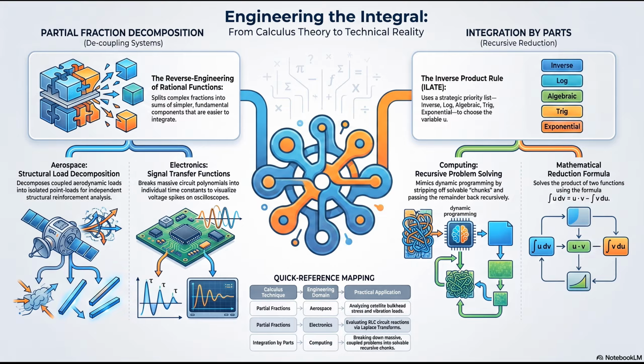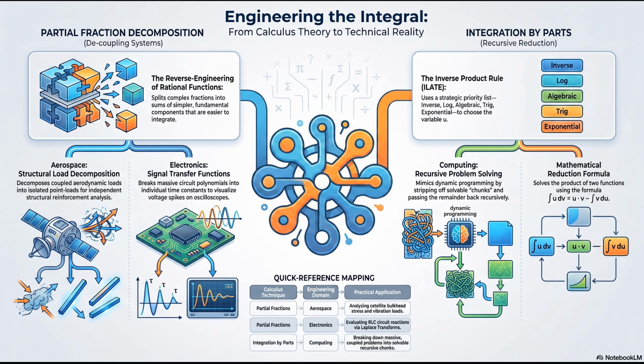That frames it perfectly. So, to bring this all together for you listening, today we looked past the abstract symbols of calculus and explored the hidden scaffolding of the physical world. We saw how partial fraction decomposition serves as a sort of mathematical spectrometer, untangling complex coupled problems so aerospace engineers can isolate thermal loads from acoustic vibrations, and electrical engineers can tune complex circuits.